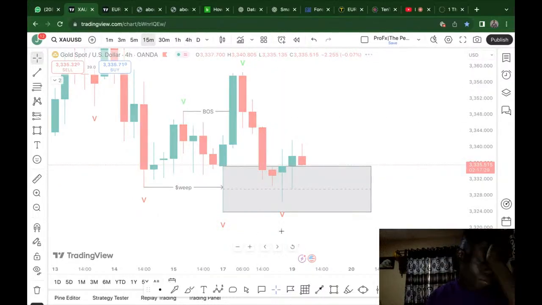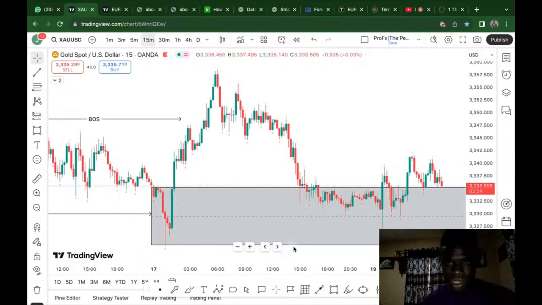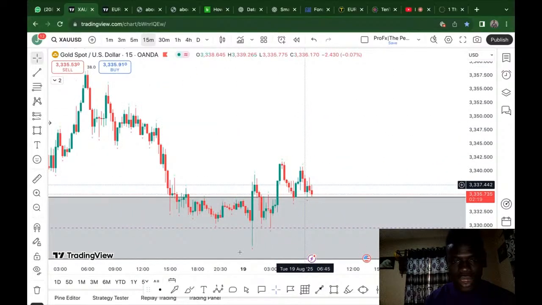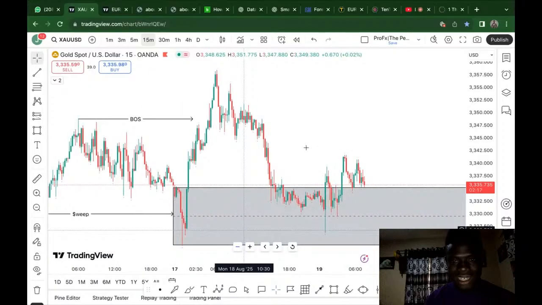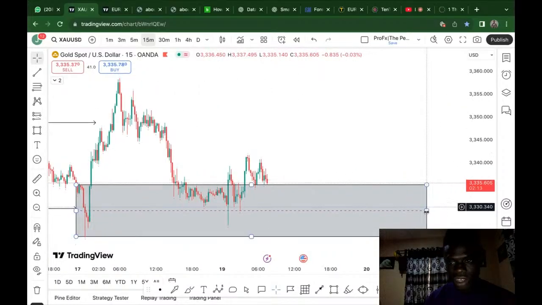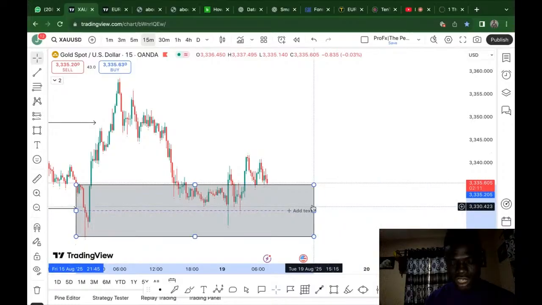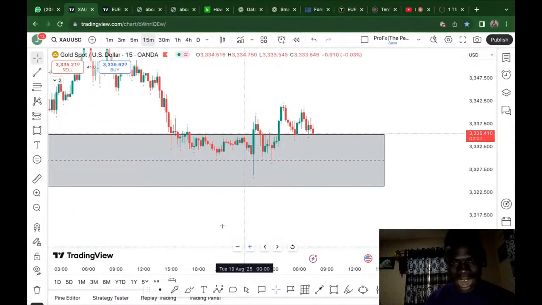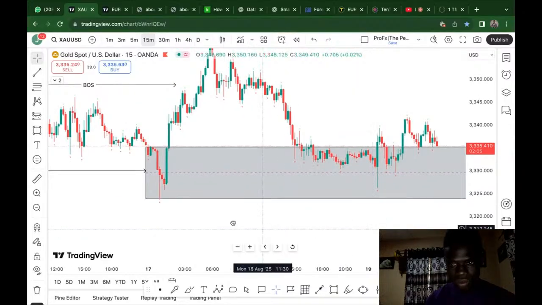That's what I mean. On 15 minutes, you can see that week on 4 hours, this entire rectangle candle is the 4 hours week, right? Look carefully at the origin. What do we see here?